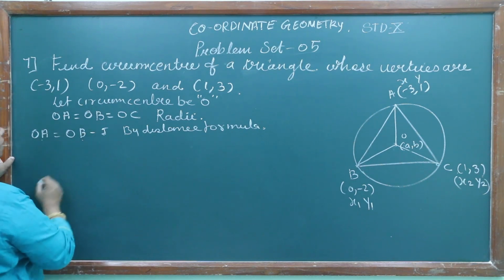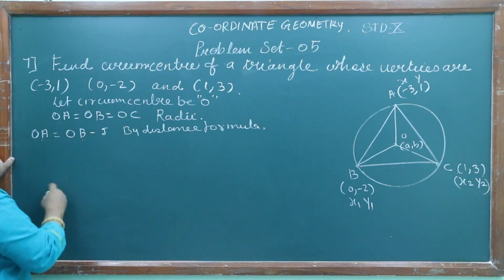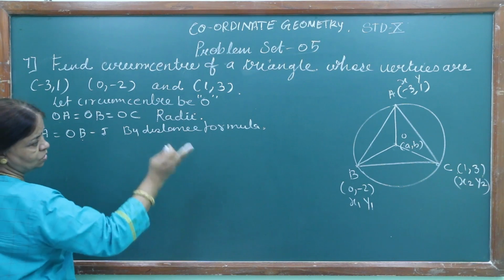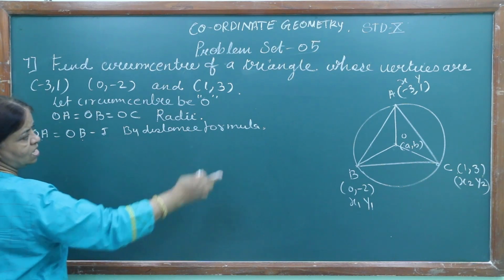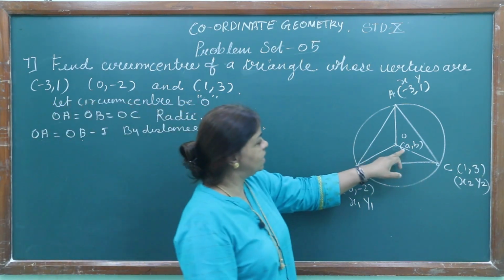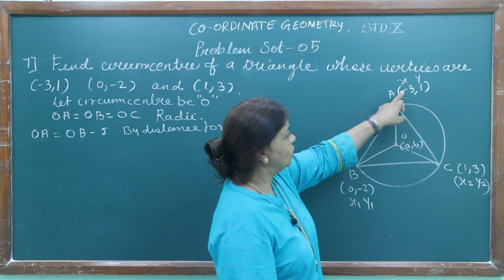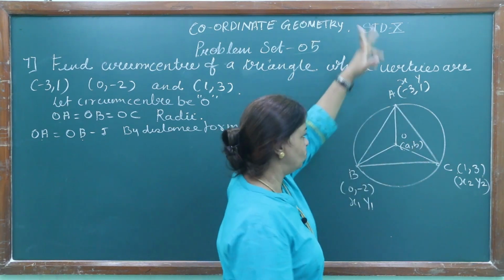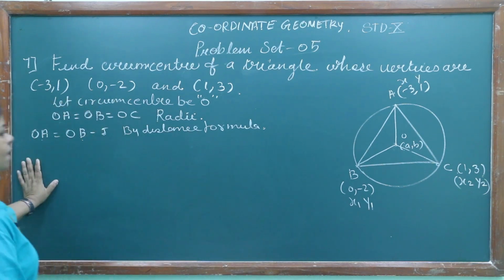So if I want to take the distance OA, by the distance formula it will be this minus this the whole square plus this minus this the whole square. Directly we can use.